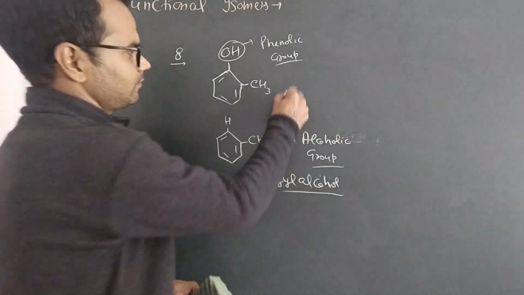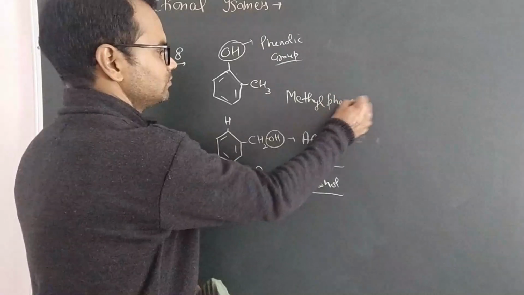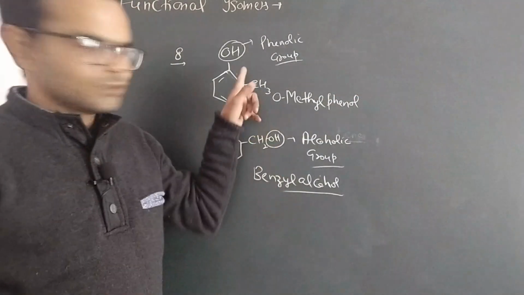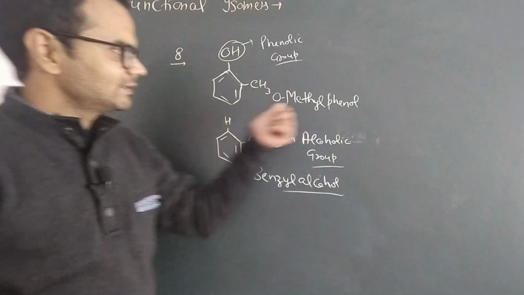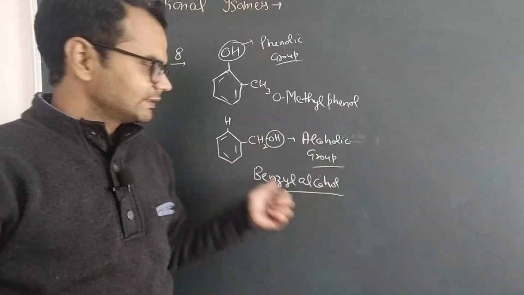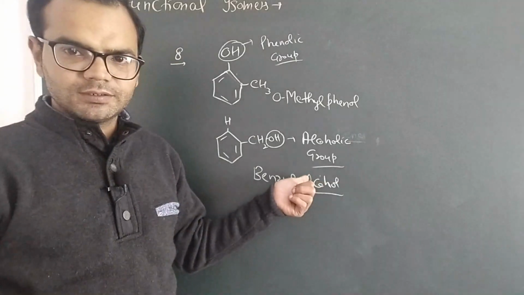And this is methyl phenol. We can write the position ortho. Methyl group is present at ortho position. So as the name indicates, this is methyl phenol. It will show the characteristic feature of phenol, but this is benzyl alcohol. It will show the characteristic features of alcohol, right?